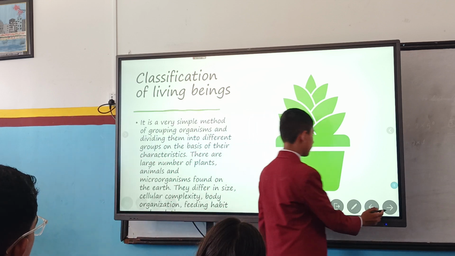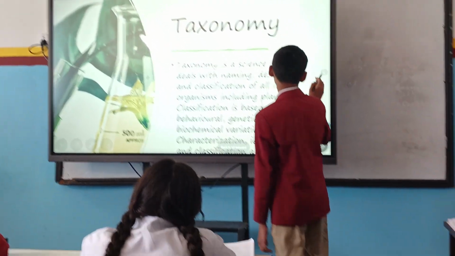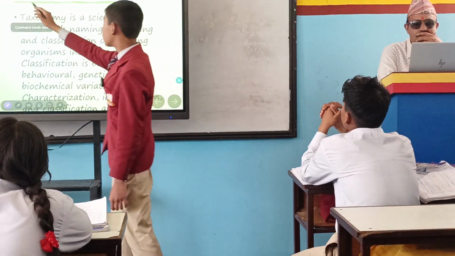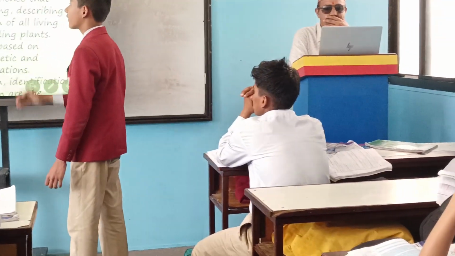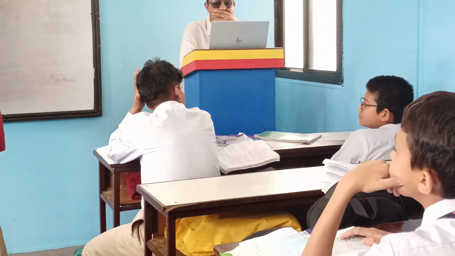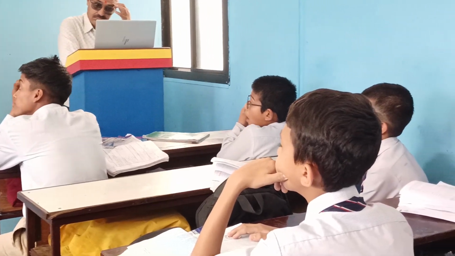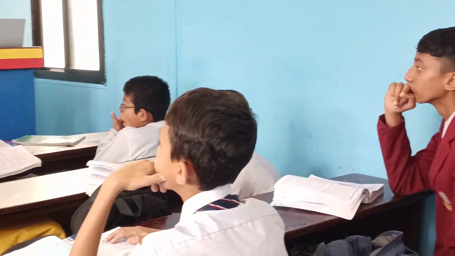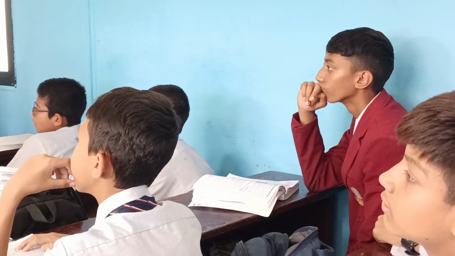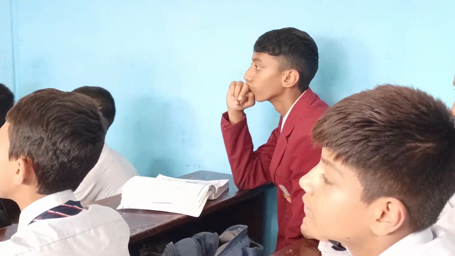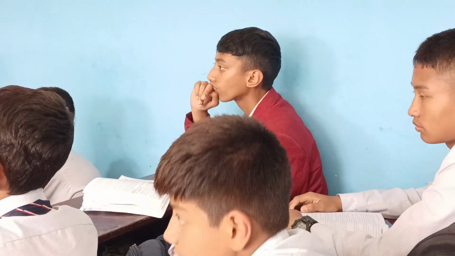The next slide is given here, taxonomy. Taxonomy is a very new word for all of us of grade 8. It is the first time we are hearing this topic. It is given here, taxonomy is a science that deals with naming, describing and classification of all living organisms including plants.